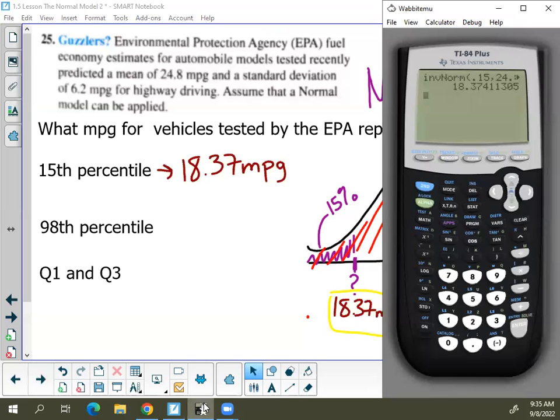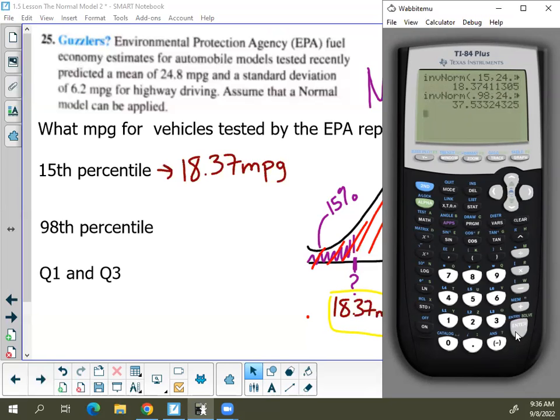And so we can, again, hit second and that vars button to get our distribution list. Choice 3, inverse normal. Whenever you're using a percentage to find a data point, that's the inverse of what we started with. We'll tell it that the area is 0.98. Don't tell it 98%, it's 0.98. We can keep our mean and standard deviation the same because it's the same model.